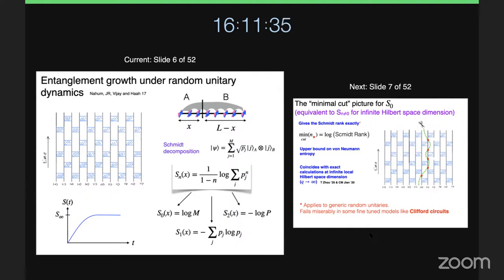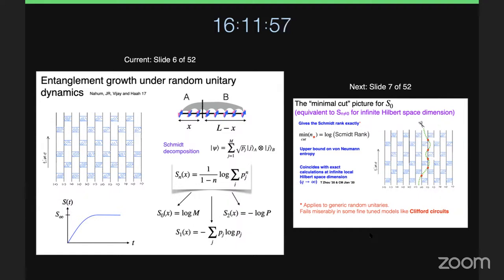And a quantity that we can look at to quantify entanglement is what is known as the Renyi entropy. So you can divide your system into two parts, for example, that's the simplest case, and then perform a Schmidt decomposition. That's a very costly process computationally.